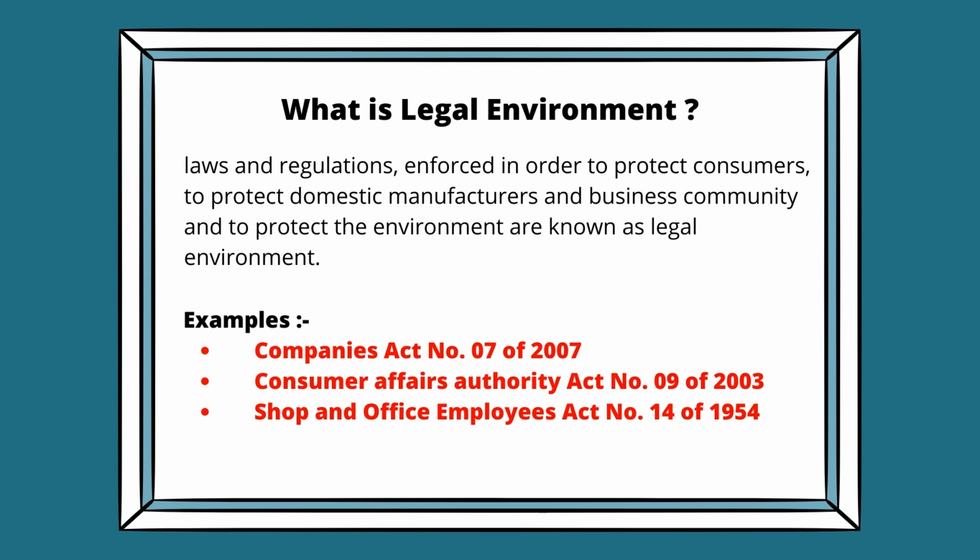Examples: Companies Act No. 7 of 2007, Consumer Affairs Authority Act No. 9 of 2003, Shop and Office Employees Act No. 14 of 1954. In addition, the government appoints institutions, boards, commissions and responsible authorities and individuals to enact these laws.